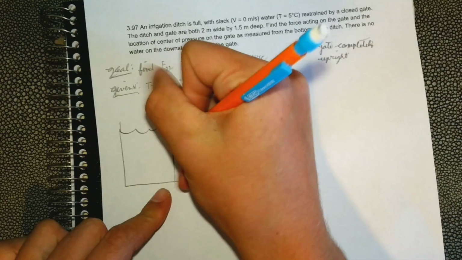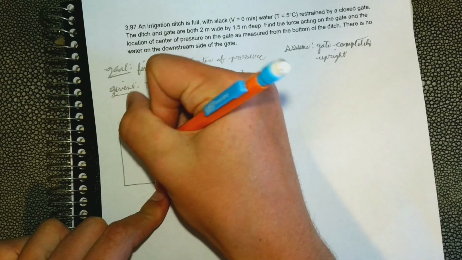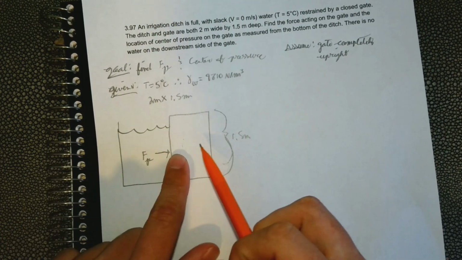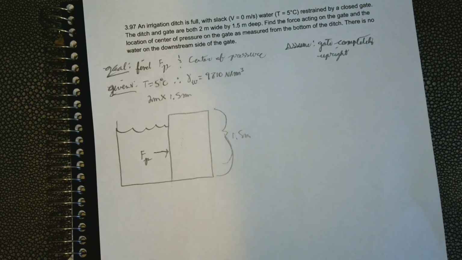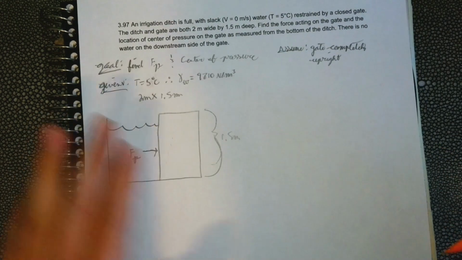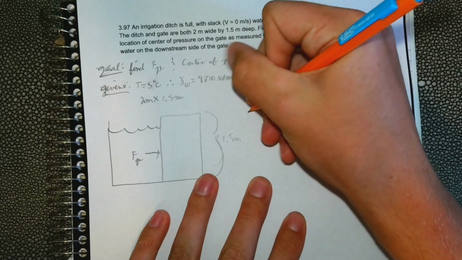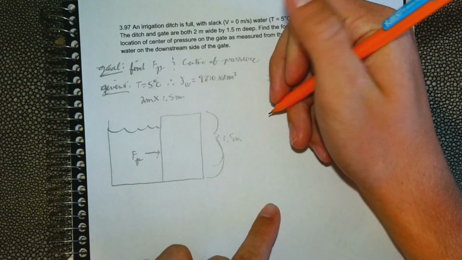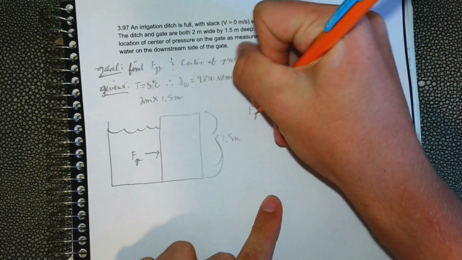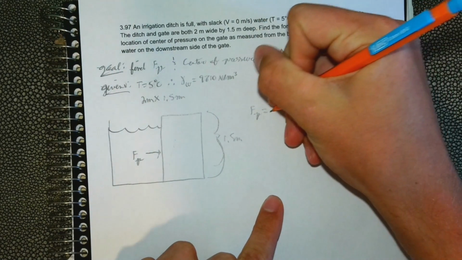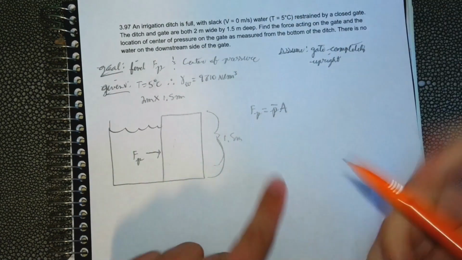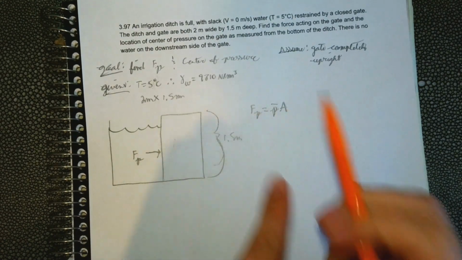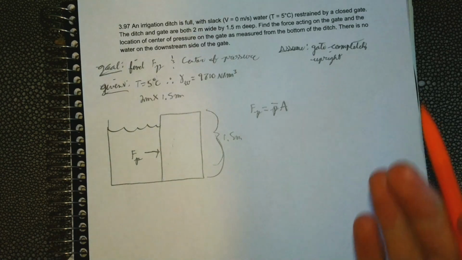So we've got to find the pressure. This water is putting pressure onto this gate, and we've got to find the amount of pressure, or the measurement. So the equation to find the pressure force is this. When we're dealing with pressure force, this line over just means with respect to the centroid.